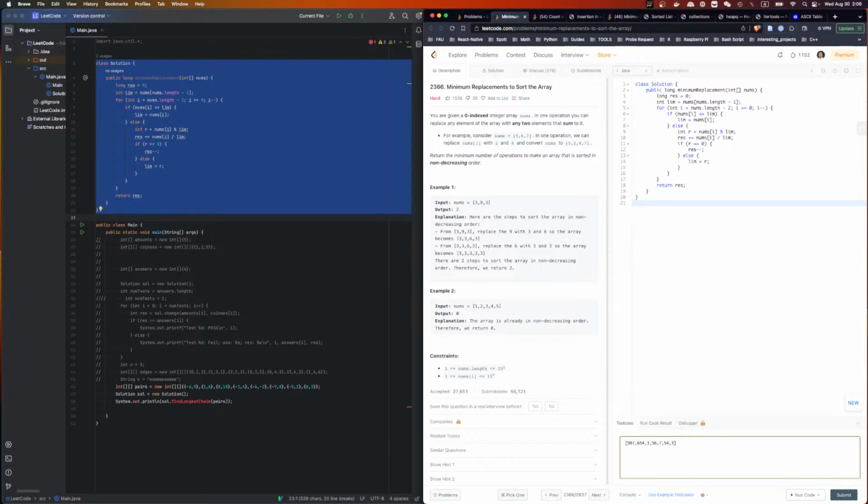Probably can remove this, doesn't really matter. All right. Okay, I probably can make them smaller. Yep. Probably can make them maybe even smaller.